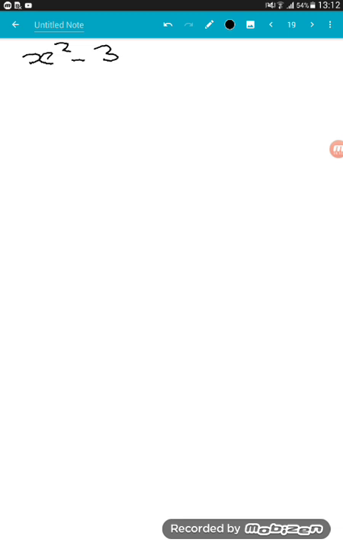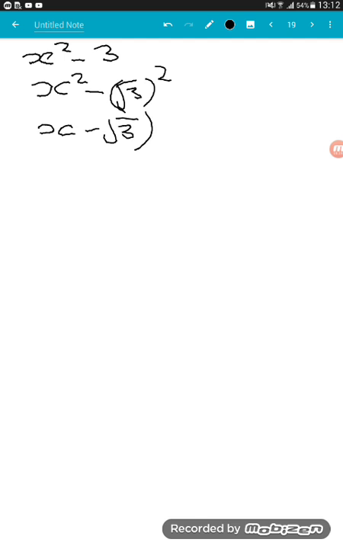In the same way, x square minus 3 we can write like this: (x minus root 3)(x plus root 3).